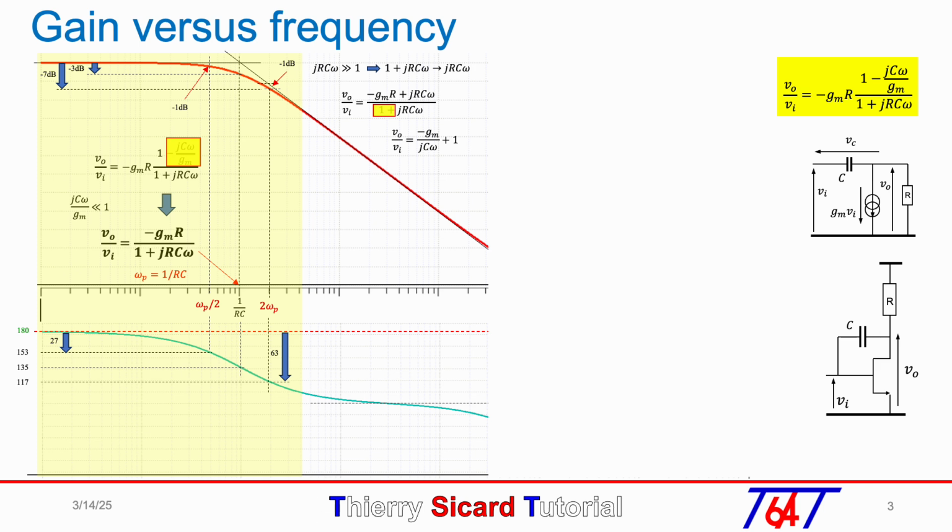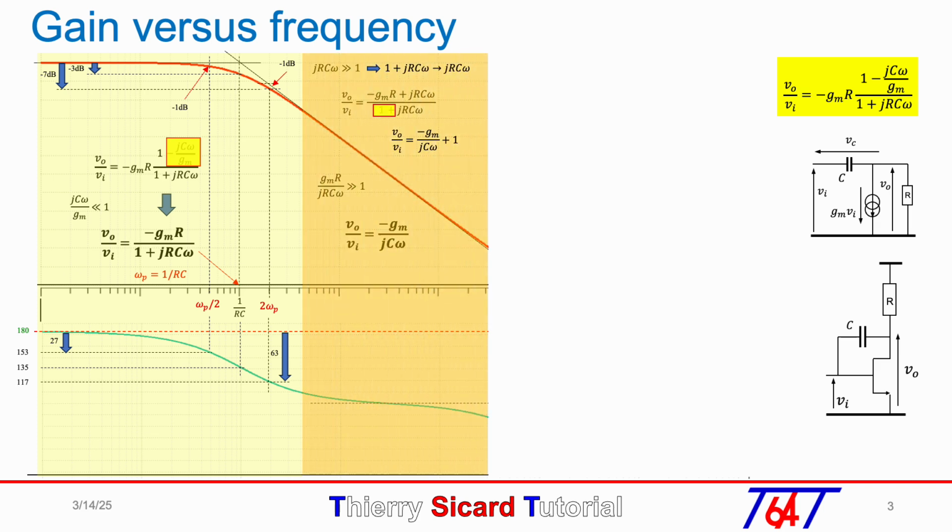Since this term is much greater than 1, the gain at the middle frequency is minus Gm over Jc omega, represented by an asymptote of minus 20 dB per decade. The orange color highlights the middle frequency portion described by the gain equation minus Gm over Jc omega.